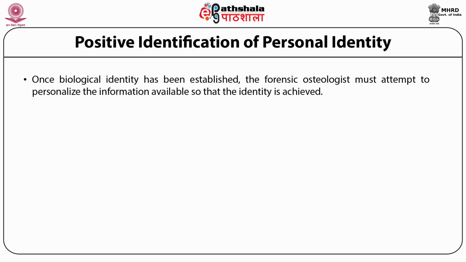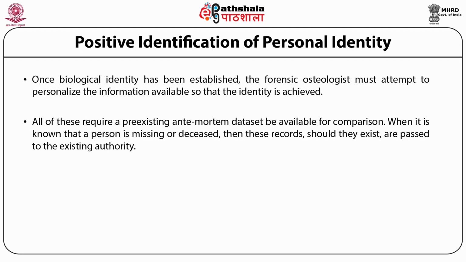During the Asian tsunami, the three principal means of personal identity were achieved through dental records, fingerprints, and DNA analysis. All of these require a pre-existing antemortem dataset be available for comparison.